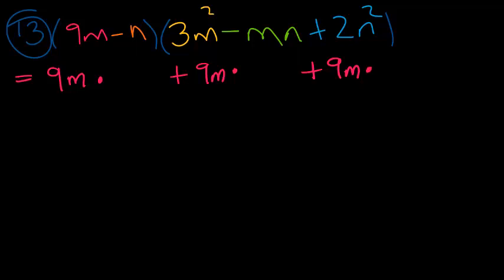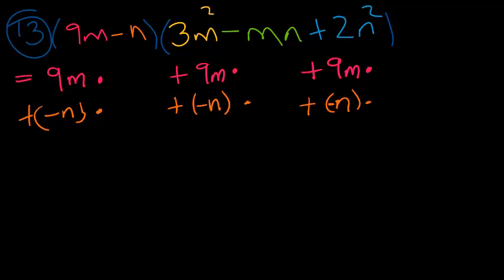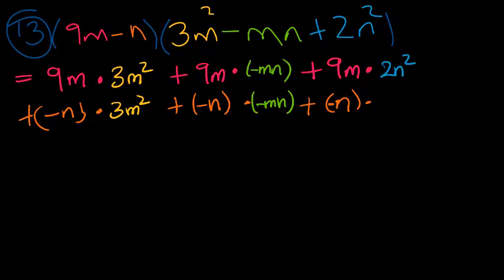And then I am going to write my orange, minus n plus minus n plus minus n times all of those, right? And then my yellow is 3m squared, my green is minus mn, and my blue is 2n squared.